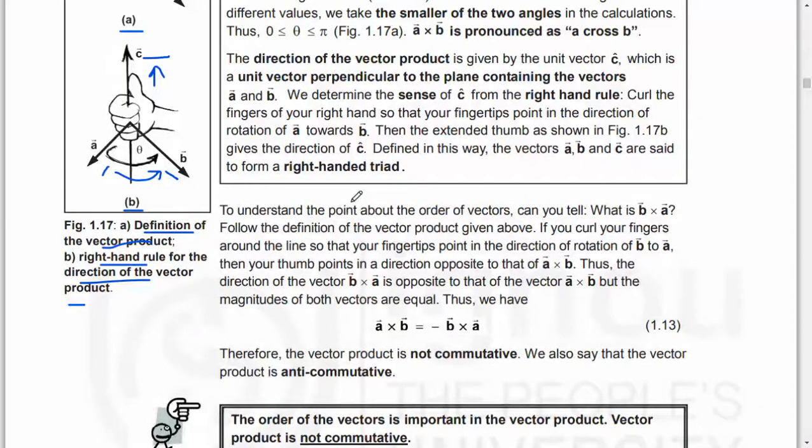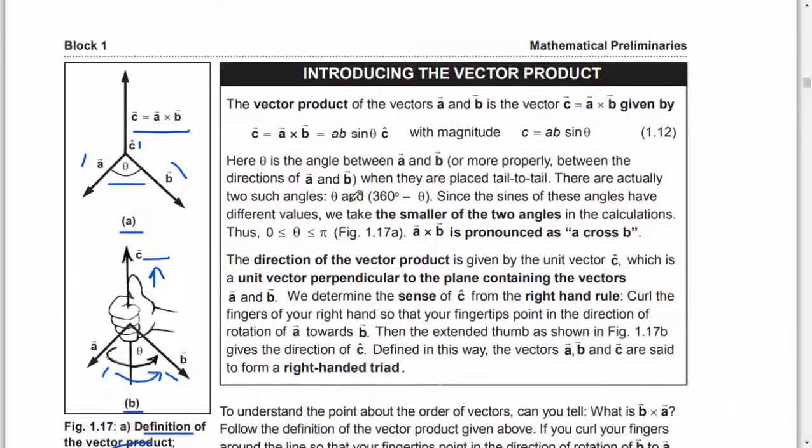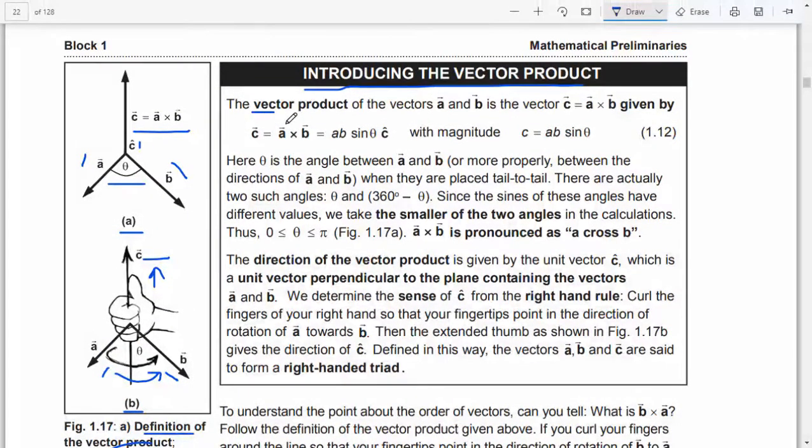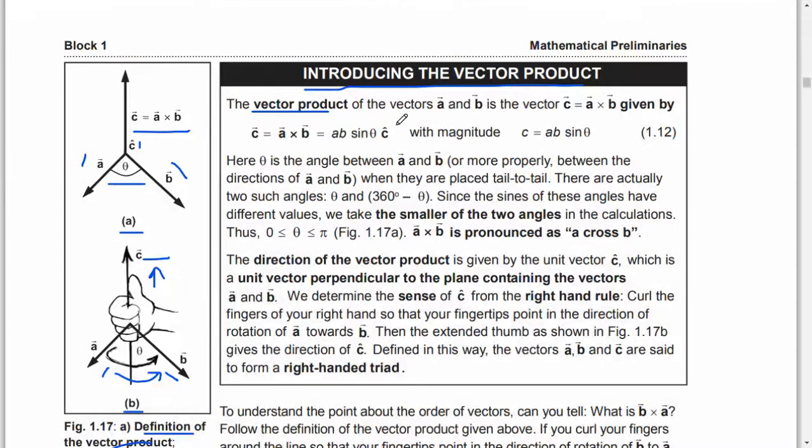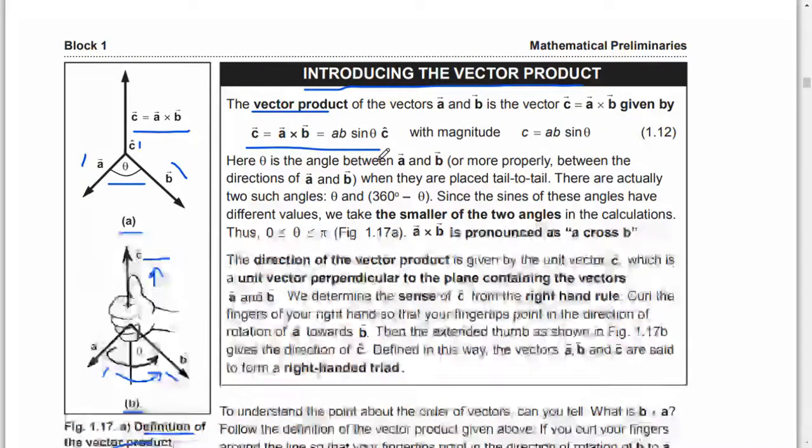The vector product of the vectors A and B is the vector C, given by C equal to A cross B, equal to AB sin theta C cap, with magnitude C equal to AB sin theta.